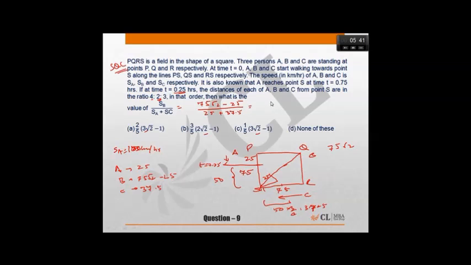Let me take 25 as common: 25 into (3 root 2 minus 1). 3 root 2 minus 1 is here, not here, so unlikely to be the correct answer. 62.5 is 12.5 into 5, so which is 2 by 5 into (3 root 2 minus 1). Choice A.